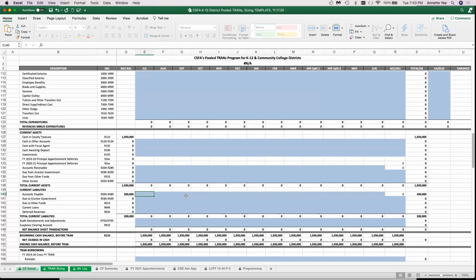So I'm going to say that in July, I'm making a payment of $100,000 because I owed half of it. And that reduced my cash by 100,000, which is correct because I made that payment out, but I still have a balance of another 100,000 due on that accounts payable.